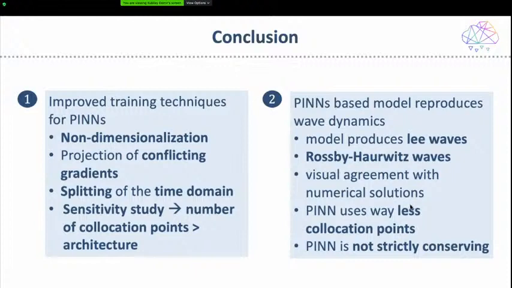But the main point is that for reproducing these wave phenomena, they need way fewer collocation points than a normal numerical approach would need. And that might also be a reason why they can't completely conserve all these quantities, because they are still missing some of the domain.